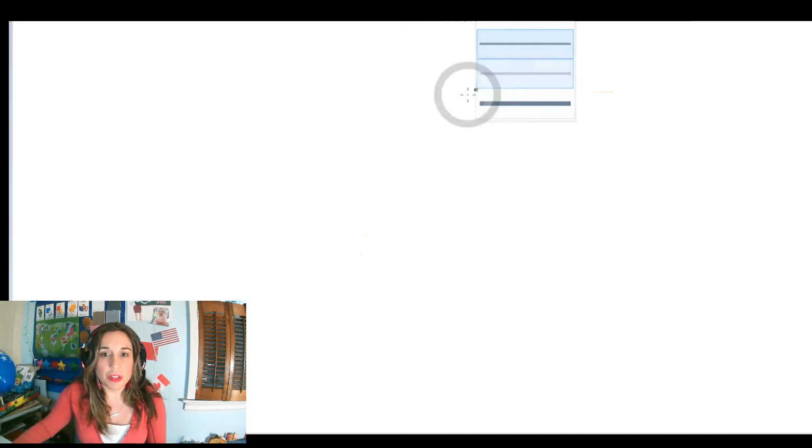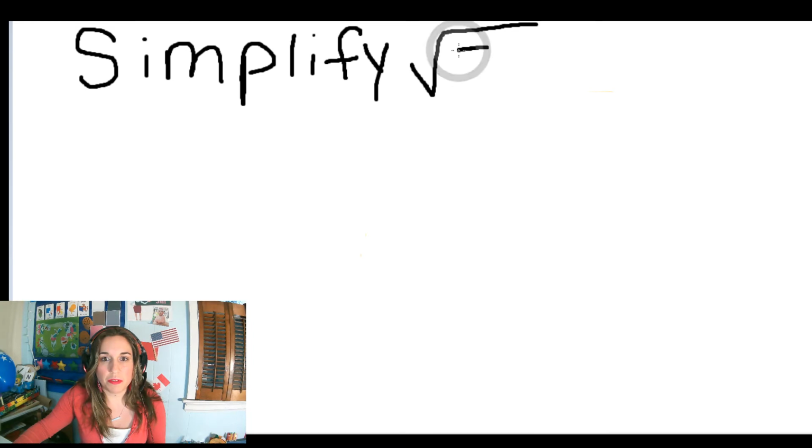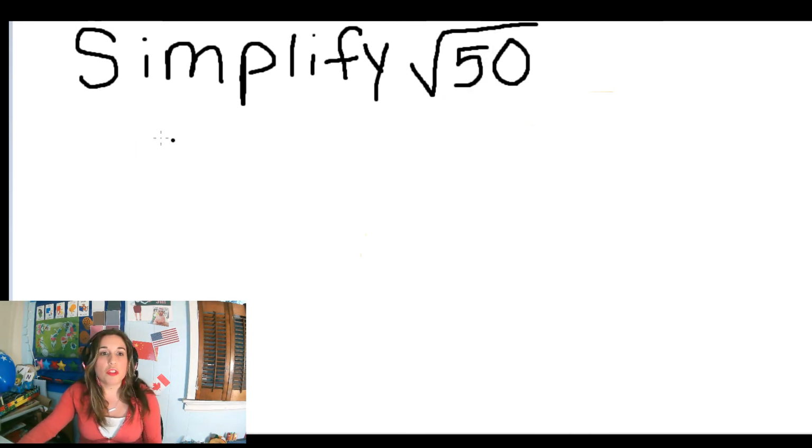Okay, so let's look at our first example. Let's say I asked you to simplify the square root of 50, okay? That's what we want to simplify. Remember, the first thing I said you want to tell yourself is the index. The index is that little number that we usually find here, but since this is a square root, we have that invisible number 2, okay?